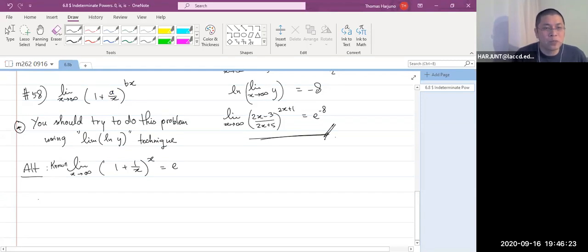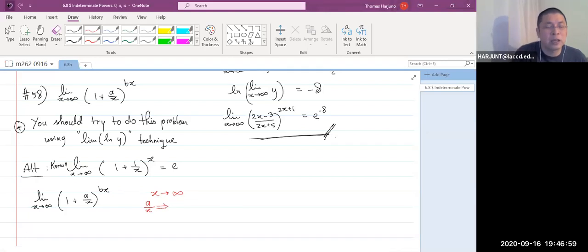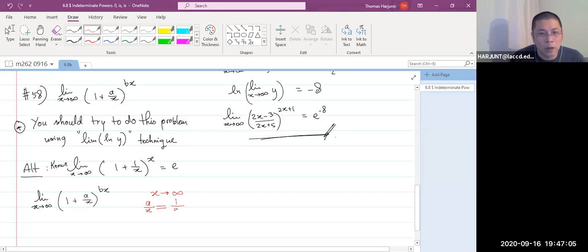So I start with the limit as x goes to infinity of 1 plus a over x to the power of bx. Then 1 plus a over x can be seen as 1 plus 1 over x over a.